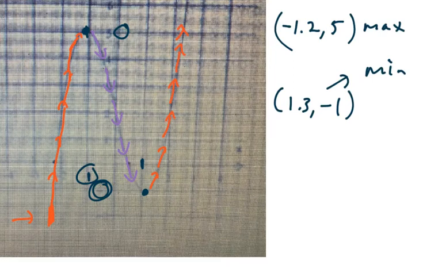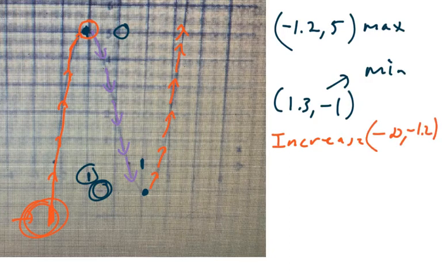So, the red part is where it is increasing. I'll use increase for short. And we would say it's increasing from -infinity, if I start all the way over here, far left, and it reaches the peak again at -1.2. So that's where it's increasing. It's also increasing after the minimum value right there, which I called 1.3.